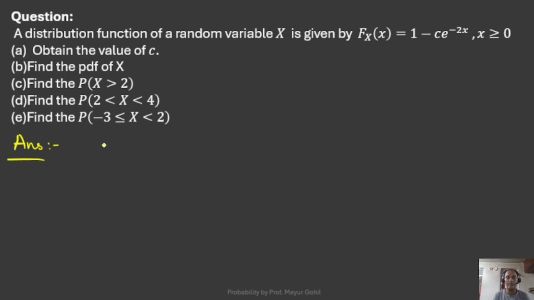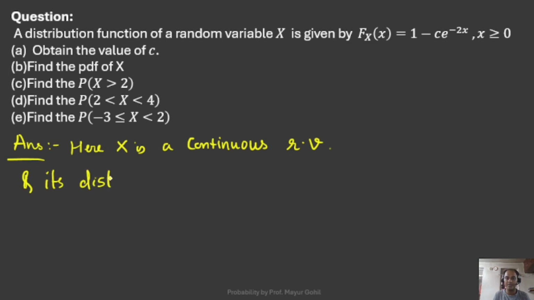So here x is a continuous random variable, and its distribution function is what you see.